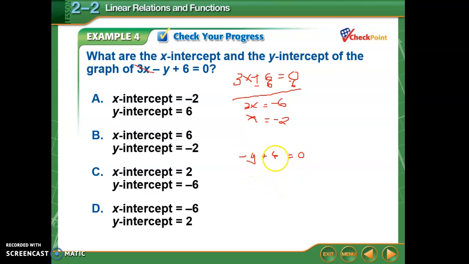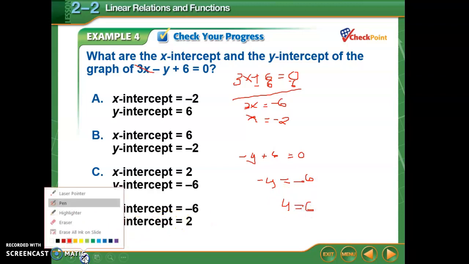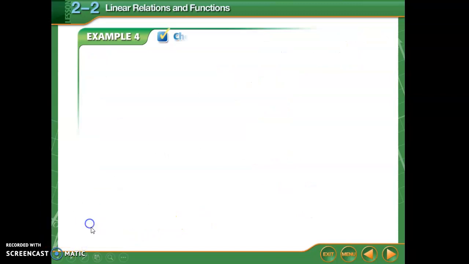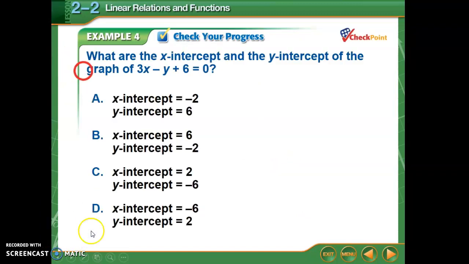And then minus 6 both sides. So that gives you negative y equals negative 6. Multiply both sides by negative 1. So y equals 6. Alright? So the best answer here is letter A. Alright? I hope you learned something. Thank you.